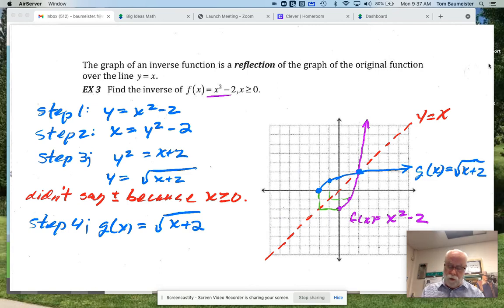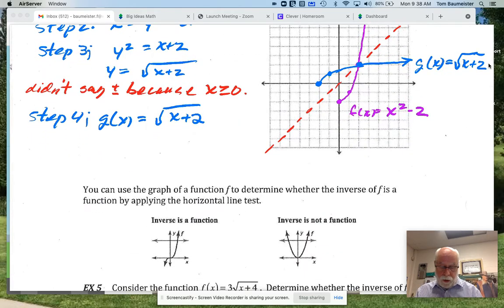So you could even graph those on your Desmos and see that we would still get the same thing, okay? So here, let me go ahead and get rid of that part. Right? And of course, this one right here was on the line of reflection, so it just stayed there.